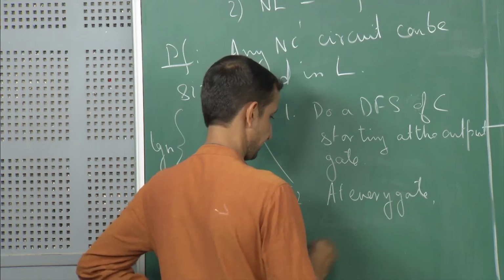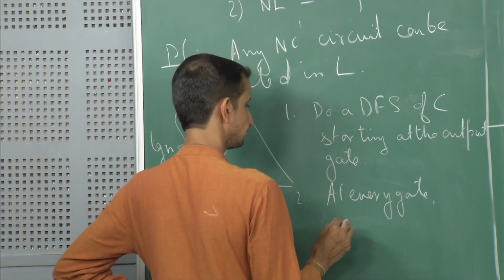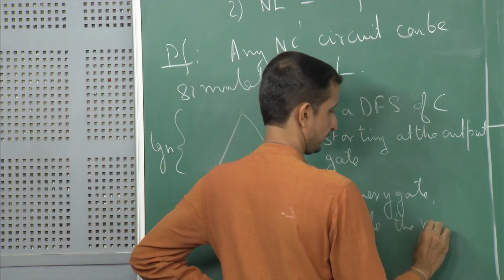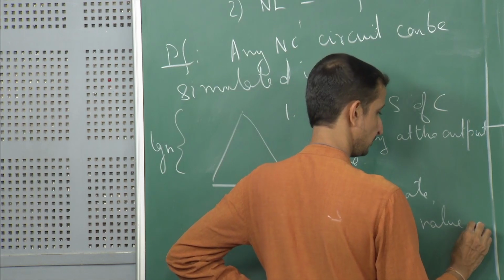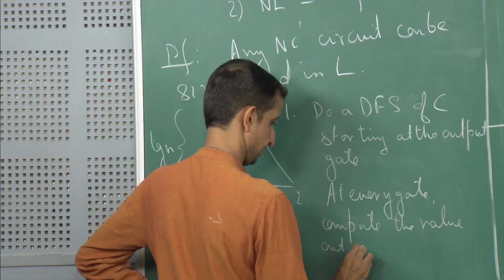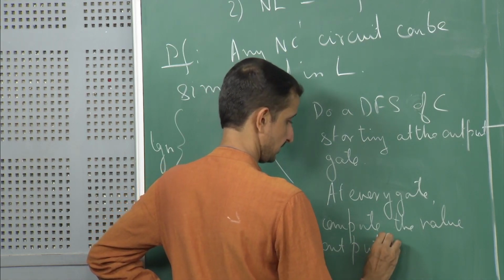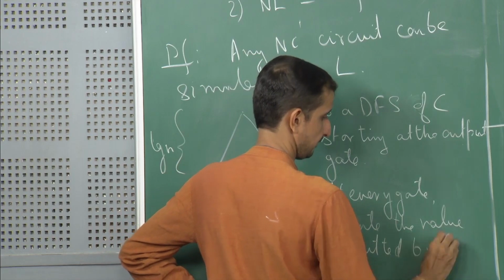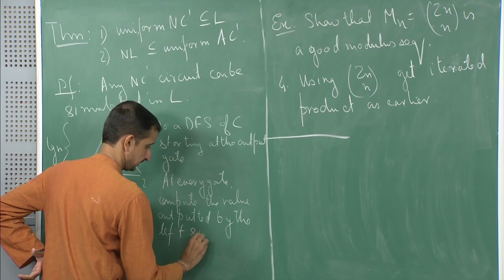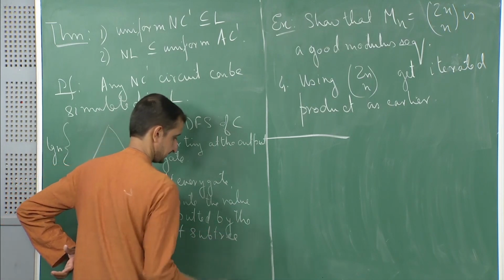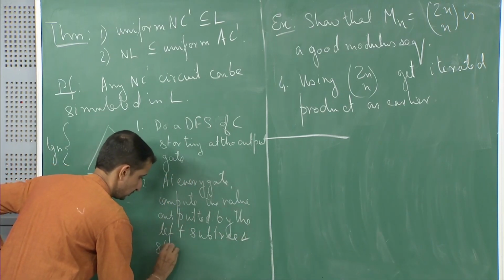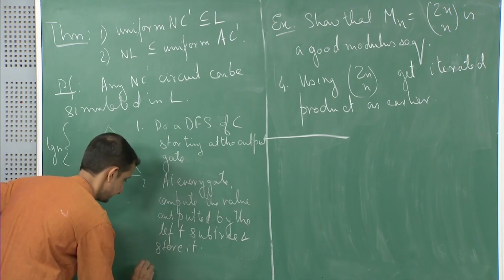At every gate, compute the value outputted by the left subtree, okay, and store it.